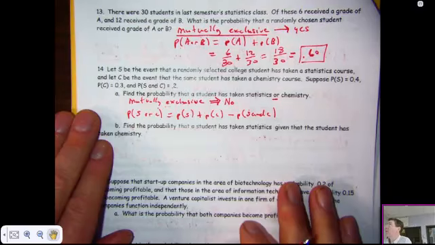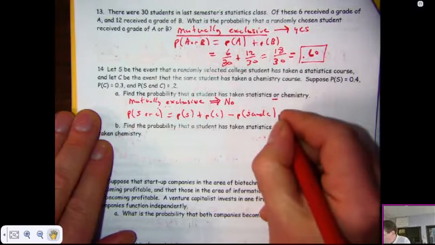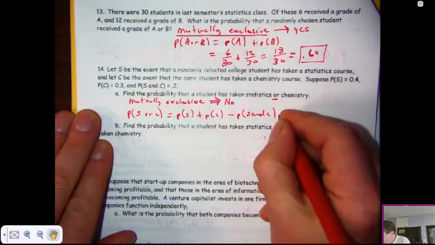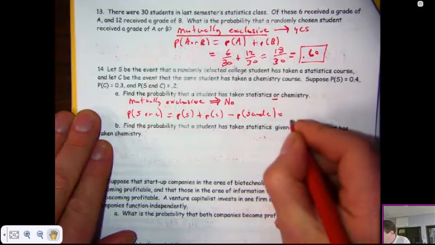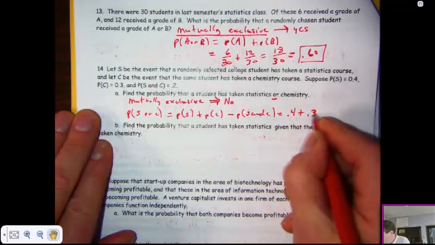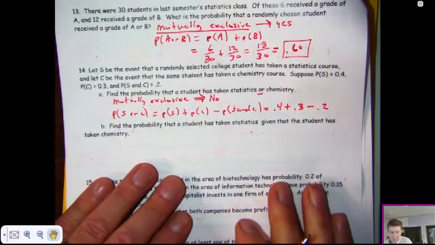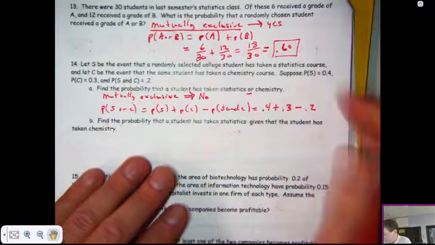I have to change that formula, unlike the one above. So 0.4 plus 0.3 minus 0.2. Easy math. Answer is 0.5.